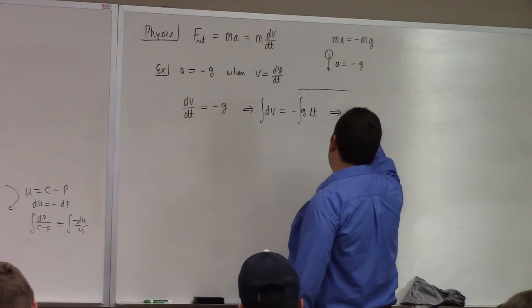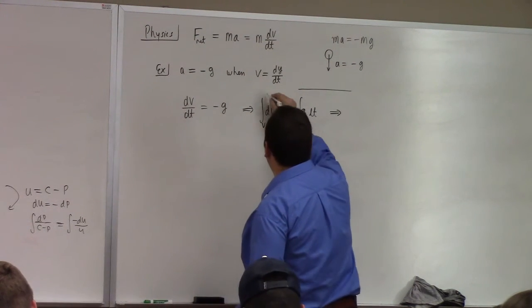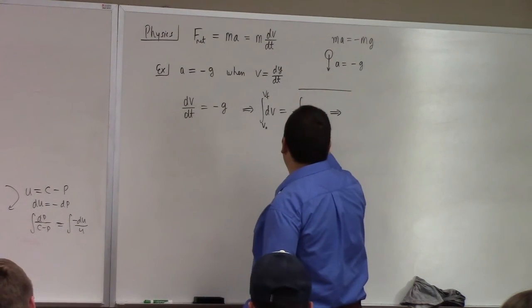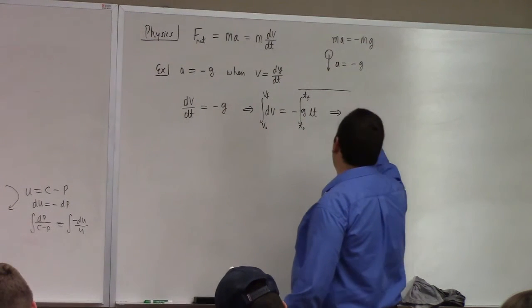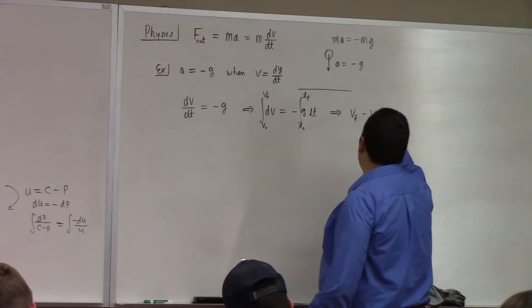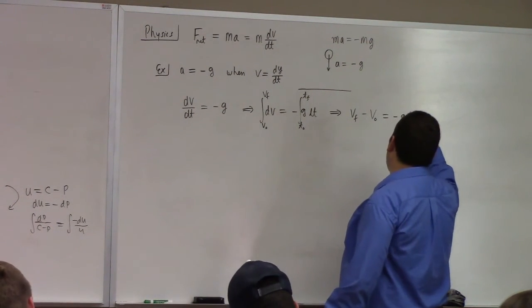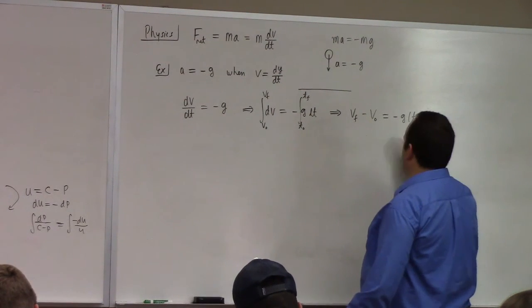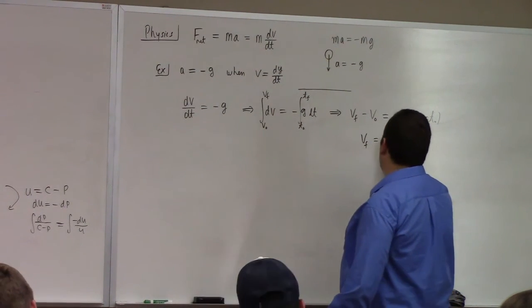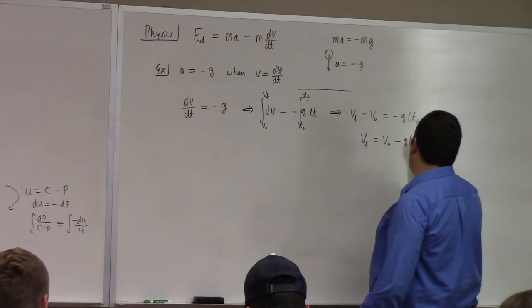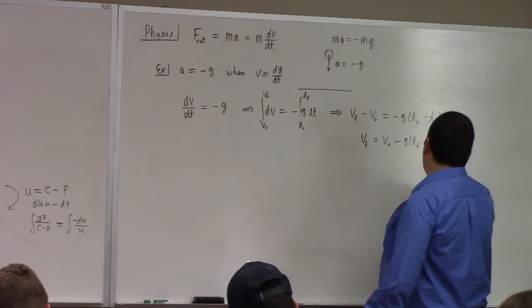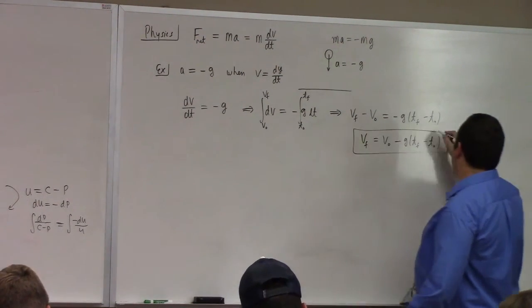And this tells me that if I integrate from v naught to vf and t naught to tf, I get vf minus v naught equals minus g times tf minus t naught. Or in other words, vf equals v naught minus g times tf minus t naught. There you go.